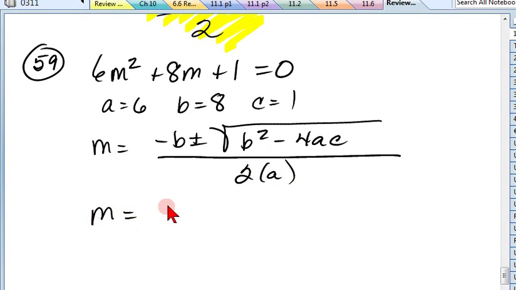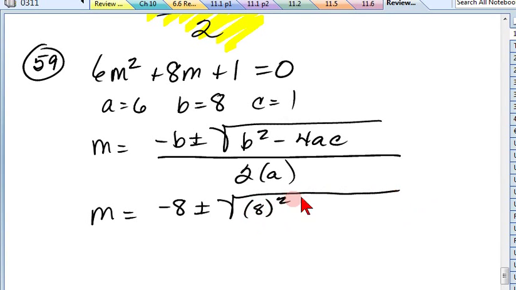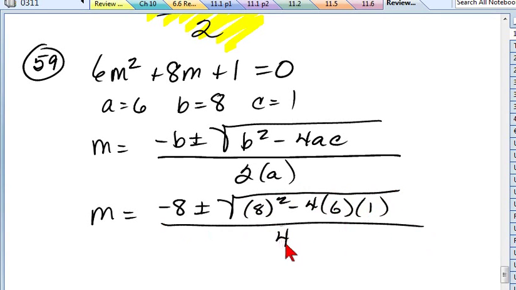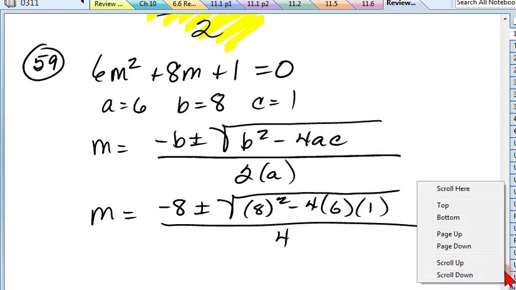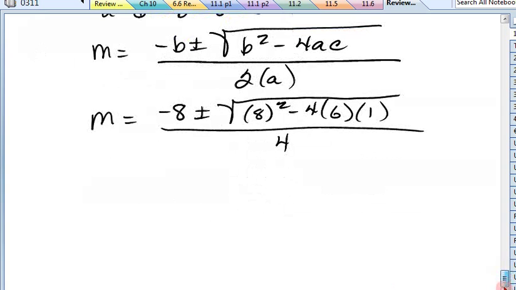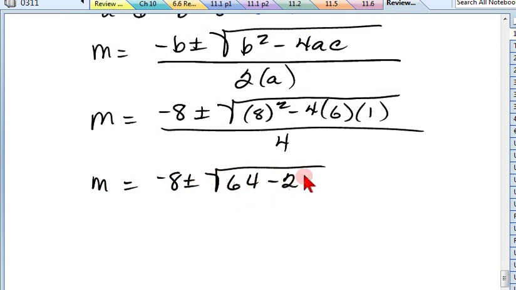So m is equal to negative 8 plus or minus the square root of 8 squared minus 4 times 6 times 1 over 4. So m is equal to negative 8 plus or minus the square root of 64 minus 24.